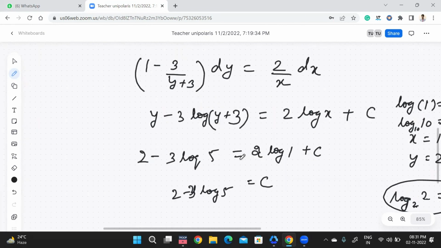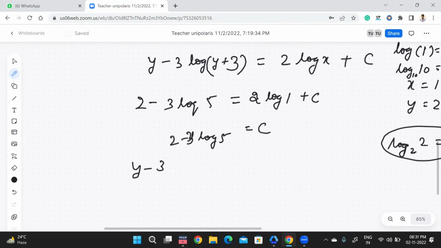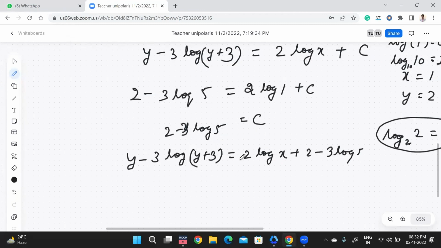So let's substitute back. So we'll get y minus 3 log (y plus 3) equals 2 log x plus 2 minus 3 log 5. So let's check what the answer given is.